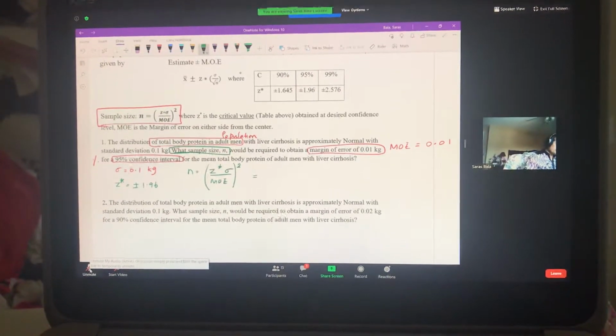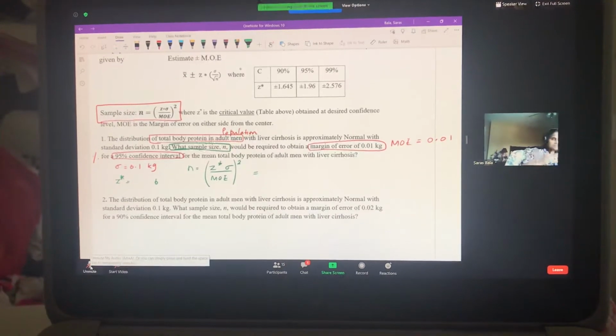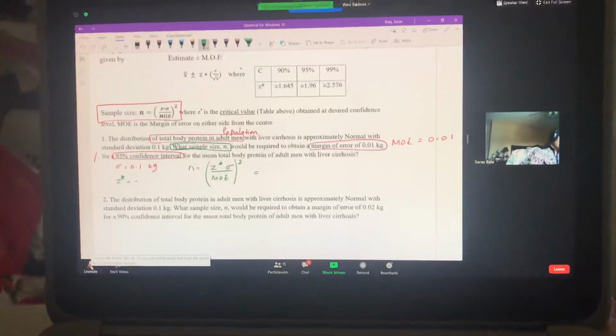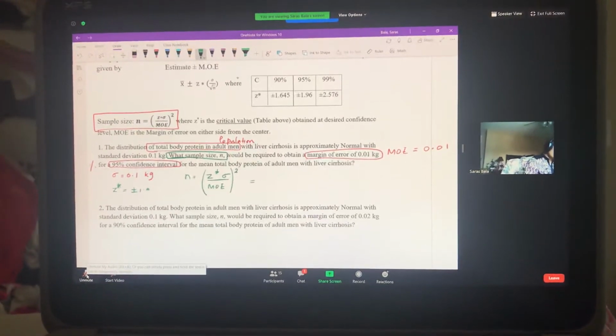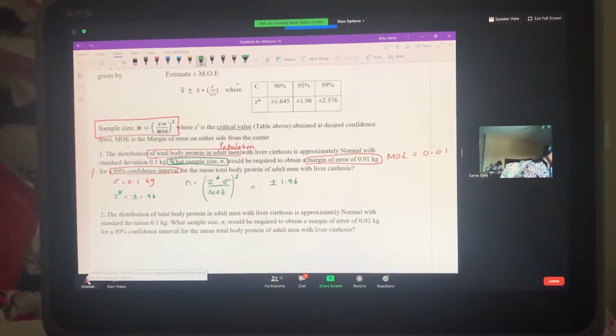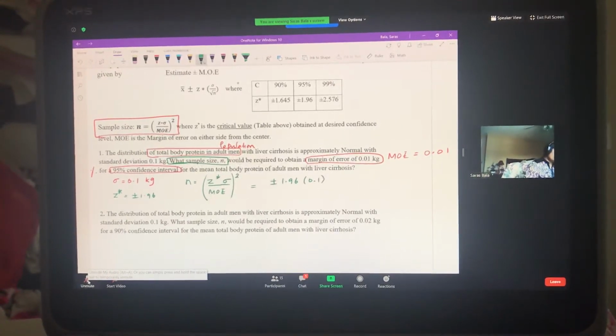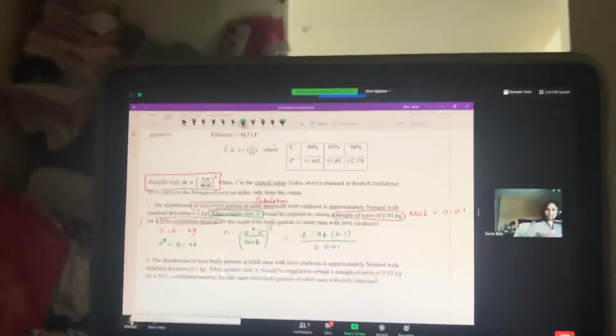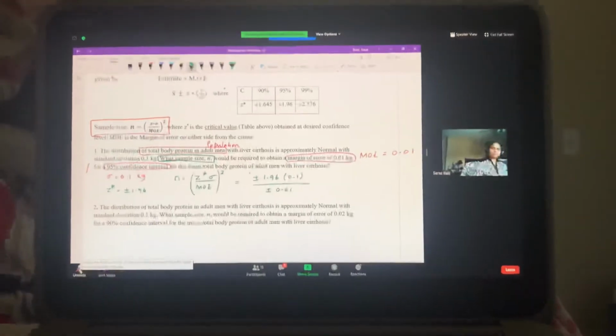You don't have to write the plus or minus sign because it goes away, though. If you want, I can write it. So it's plus or minus 1.96, and then your sigma value is 0.1 over the margin of error, 0.01, with the plus or minus sign too, because the margin of error is on either side from the center.